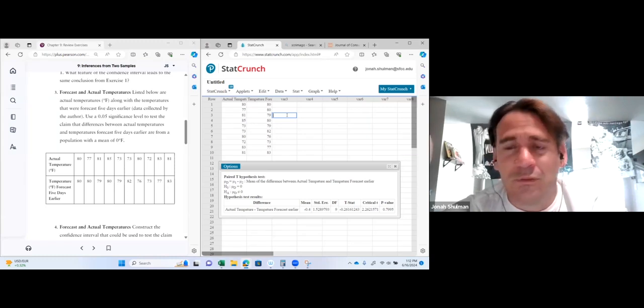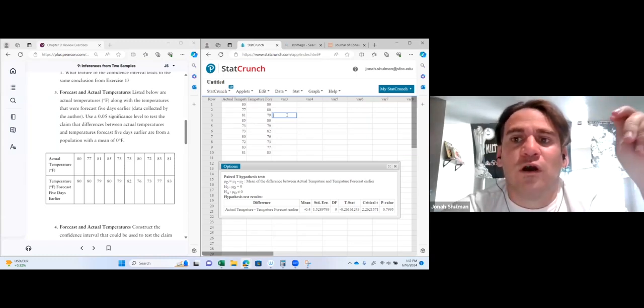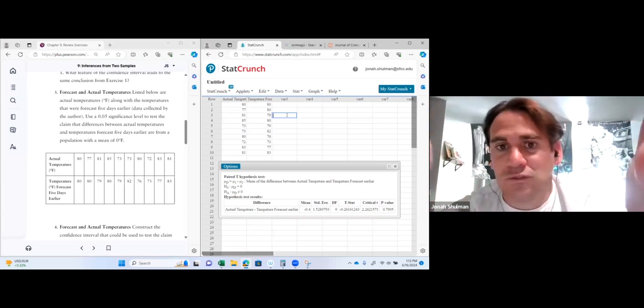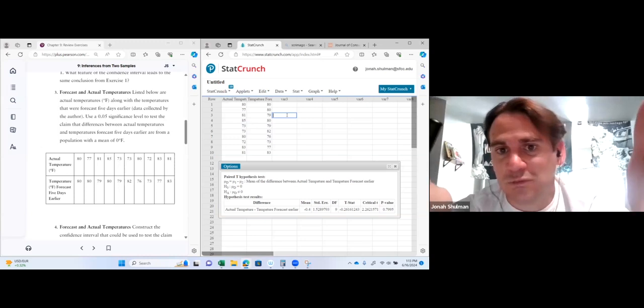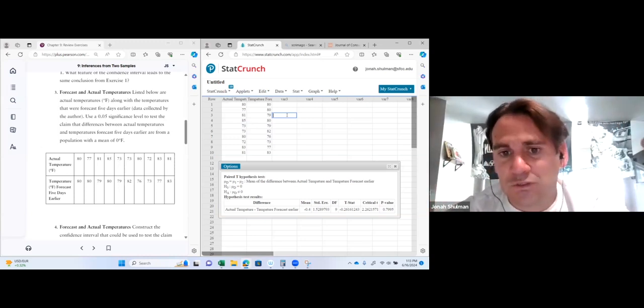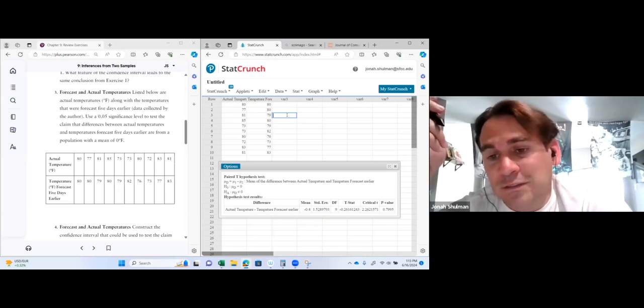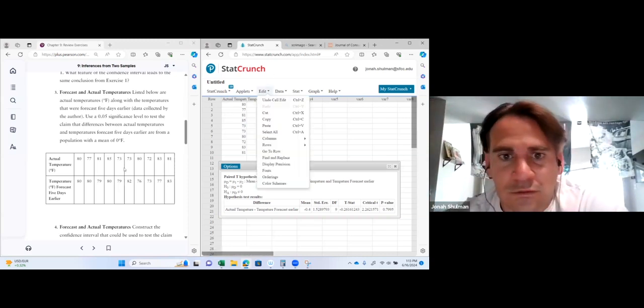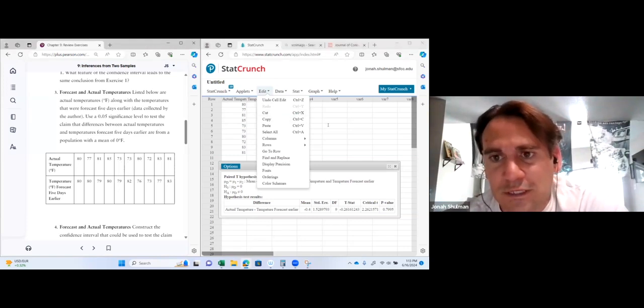However, I can see from their reasoning that it is both on the same day. This was a Monday. It was supposed to be 80 degrees. It was 80 degrees. The next day is a Tuesday. It was supposed to be 80 degrees, but it was 77 degrees. That's why they made a paired sample t-test. But me personally, I went independent. I'm okay with that, but that's how they got that answer.